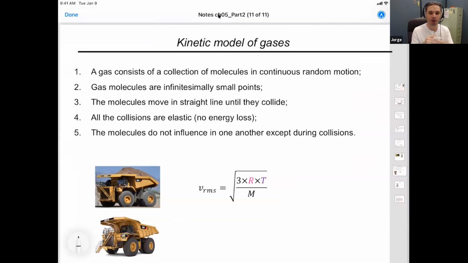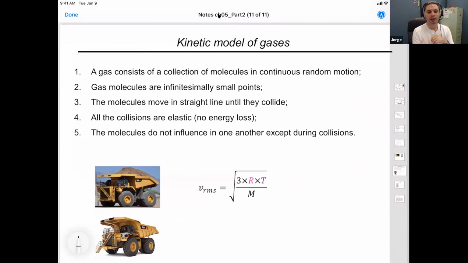The kinetic model of gases states that first, a gas consists of a collection of molecules in continuous random motion. Remember that the gas state has the molecules all spread out and they are moving in random directions.